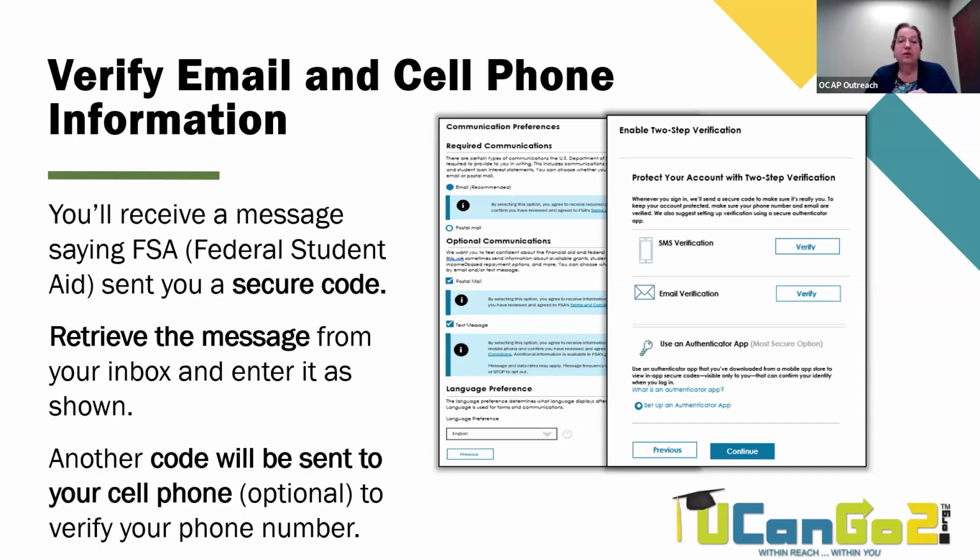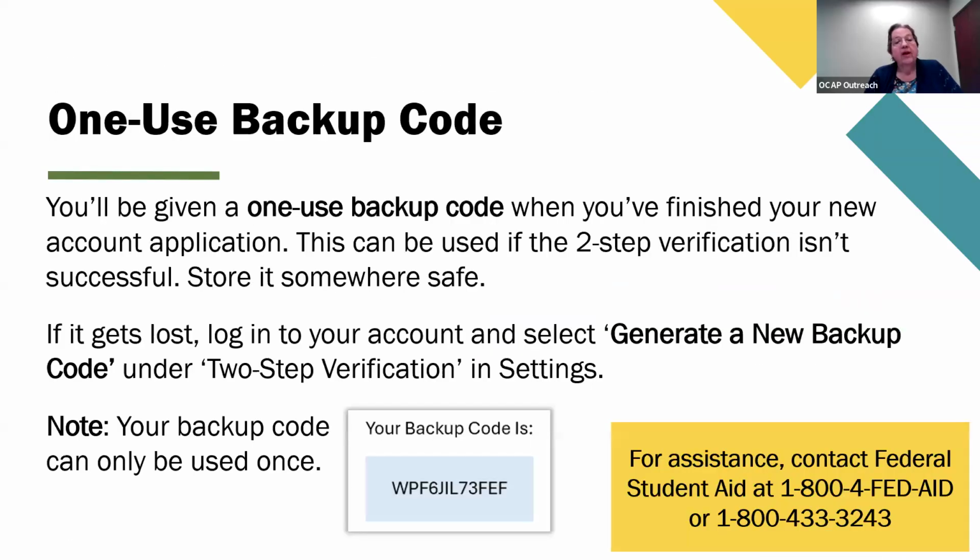And if they use a cell phone number, they will also get a text with a security code asking them to verify with that code. And when they get to the end of this process, the studentaid.gov account will generate a backup code. It looks like a squirrel ran across the keyboard, but it's basically a one-time use code.